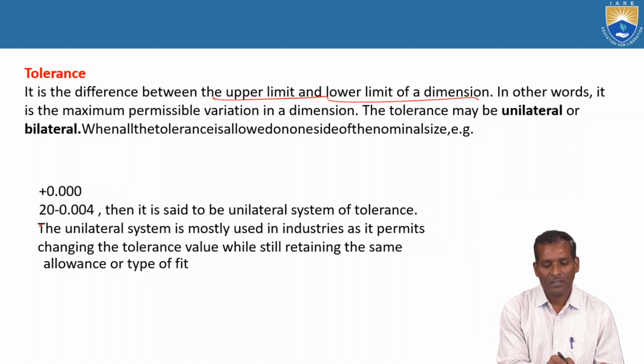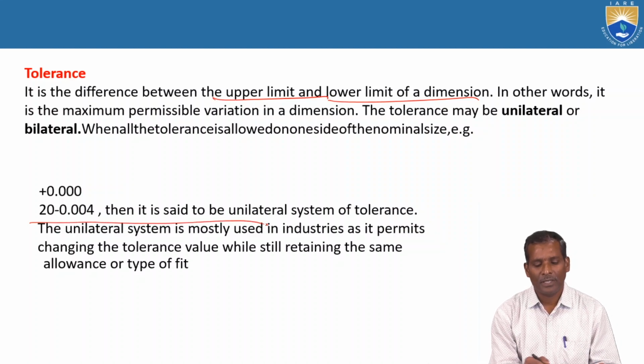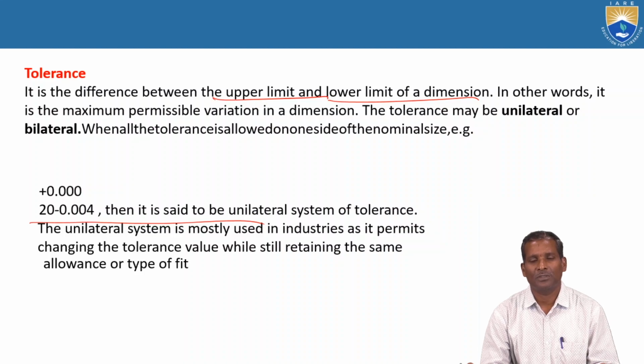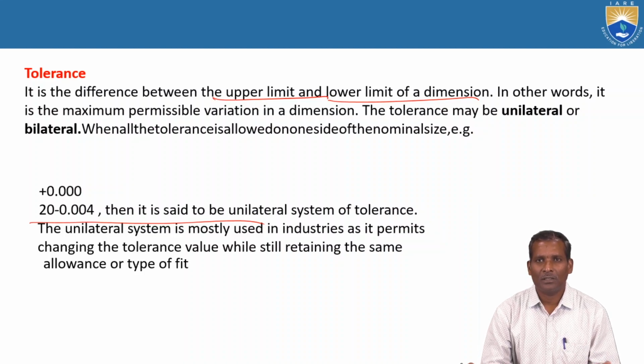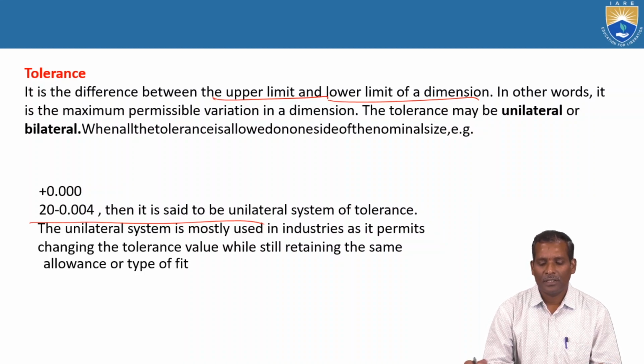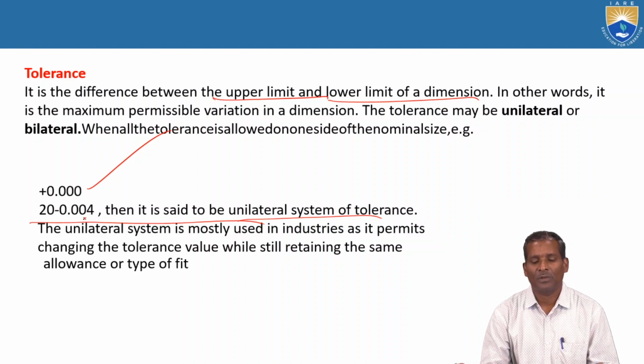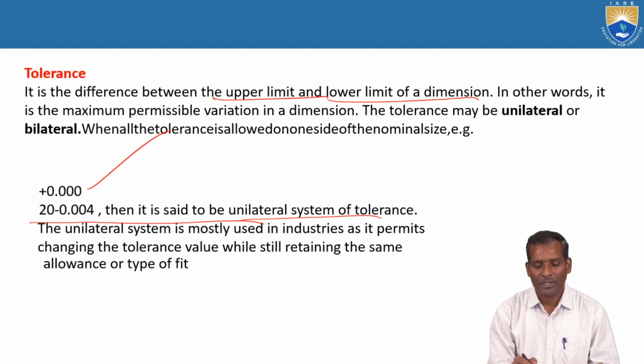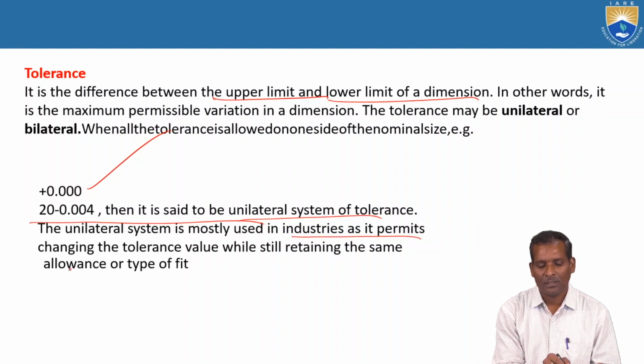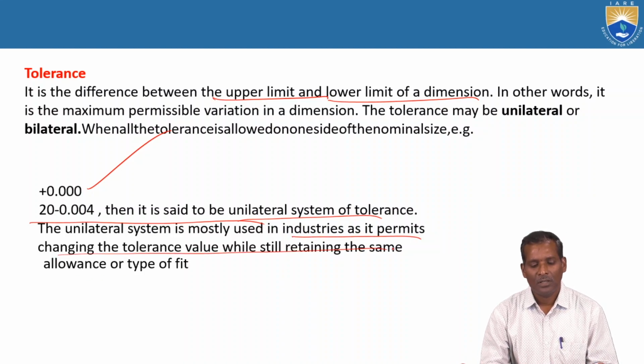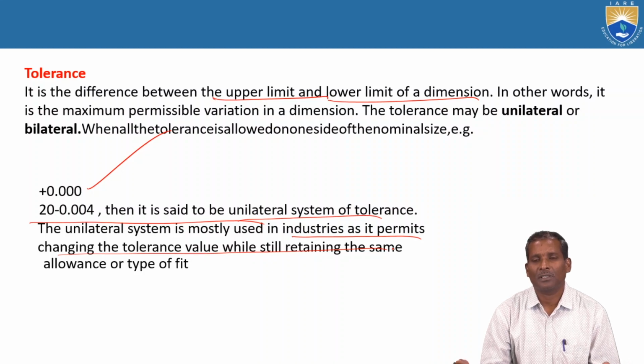See here, given example 20 minus 0.04 and plus 0.00. Then it is said to be a unilateral system of tolerance. It means only the negative side is there, the plus is 0, only one side. In industries it permits changing the tolerance value, so this type of tolerance is used in industries.